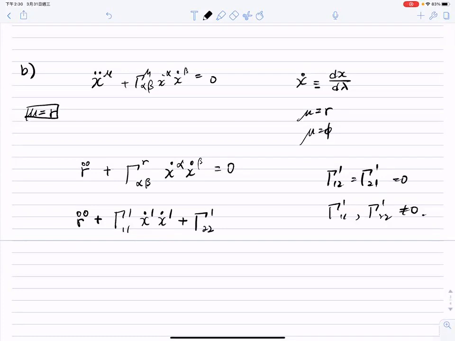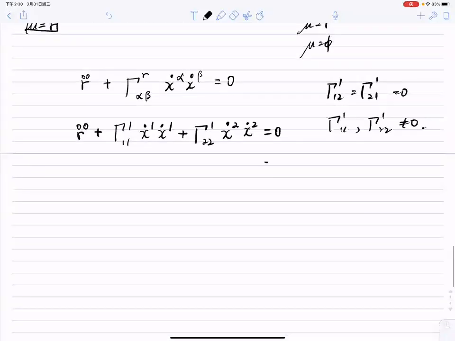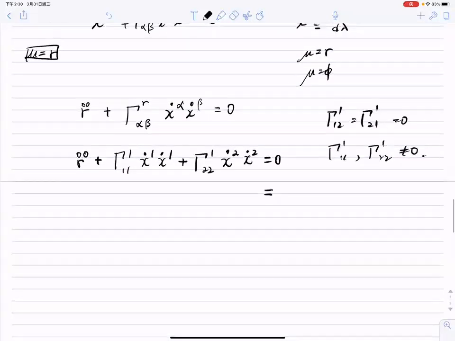And then you have to contract alpha and beta, the x dot 2 times x dot 2, equals 0. And that is the final answer for the mu equals r case.